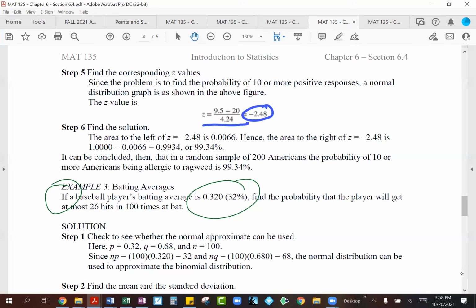So you will notice we end up subtracting the number from 1.000, and you have 99.34%. So 10 or more people having an allergy to ragweed, it's a good chance, 99.34% from a sample of 200 Americans. So, that's kind of how this works.